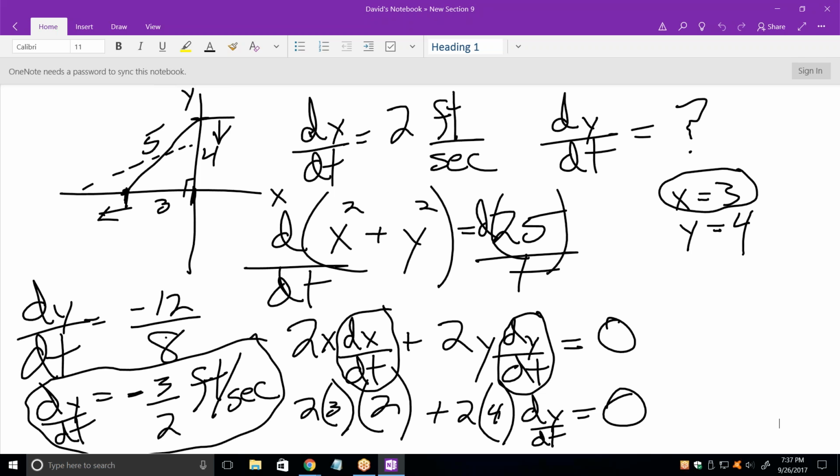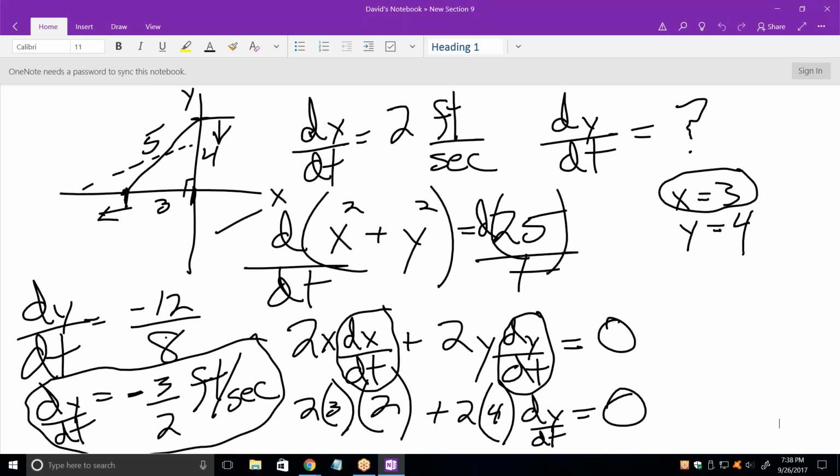And notice what I had to do to solve this problem. I had to figure out the equation that fit this model, in other words, the Pythagorean Theorem. Then I had to figure out that I had to differentiate both sides relative to time.